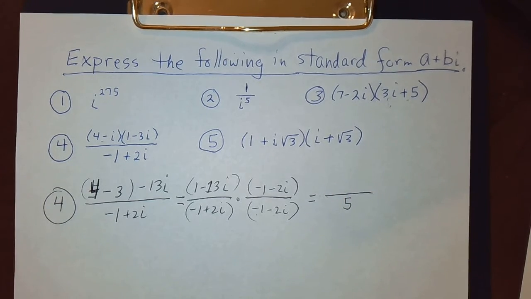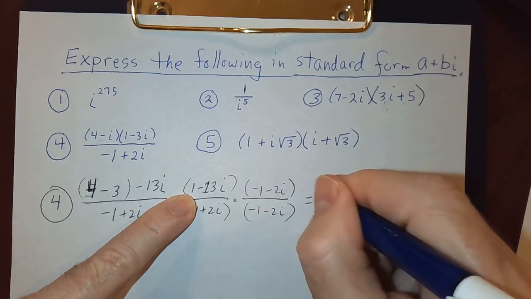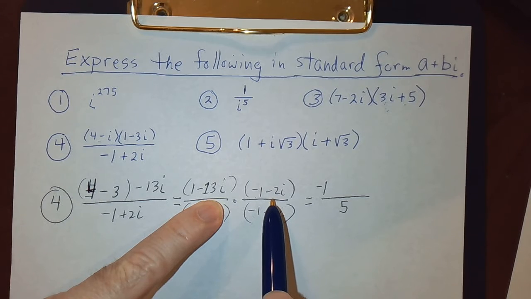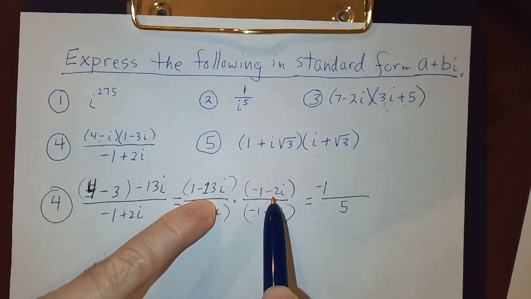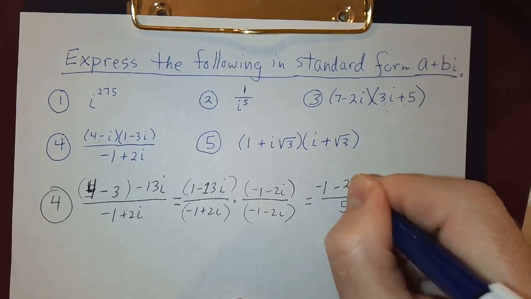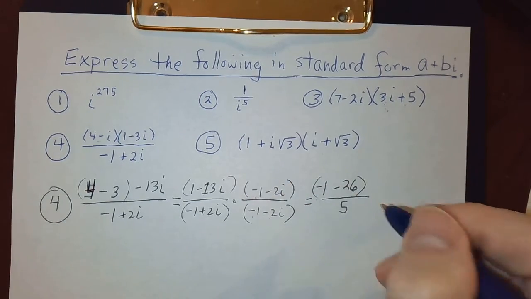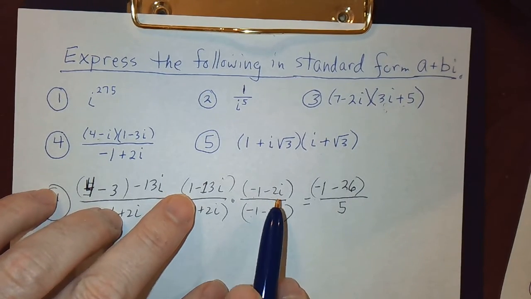So I'll do the denominator first. And now the numerator. When we FOIL this out, first is going to be negative 1. Last is going to be negative 13i times negative 2i. That's positive 26i squared. Positive 26i squared is a negative 26. All right, that is the real part. Now let's do the outer and inner to get the imaginary part.